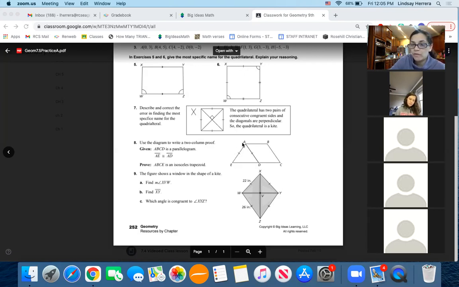Now we have to prove that AB and EC are parallel, okay? So to do that, we know that AB is parallel to DC because it's a parallelogram, right? So your step 3, we have to add this in there. Your step 3 is going to say ED plus DC equals EC. Who remembers what that's called? +1 if you remember.